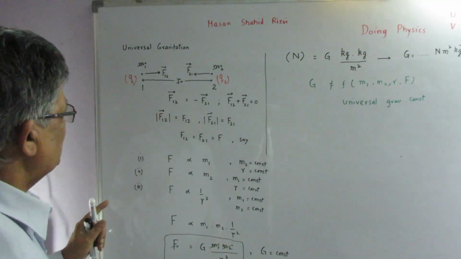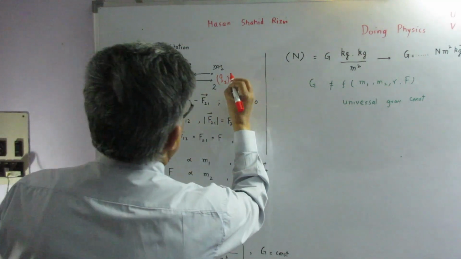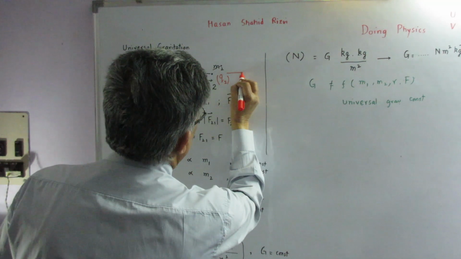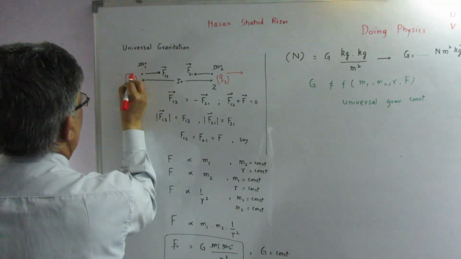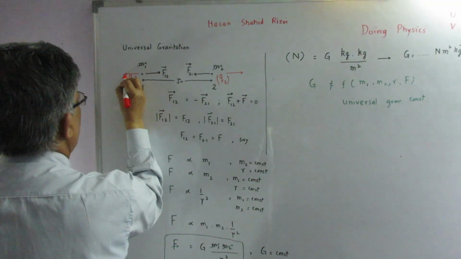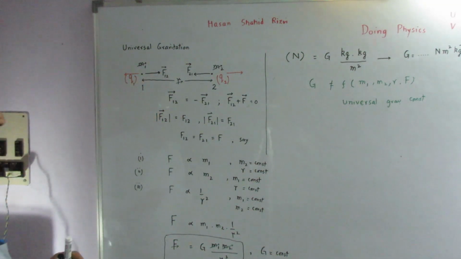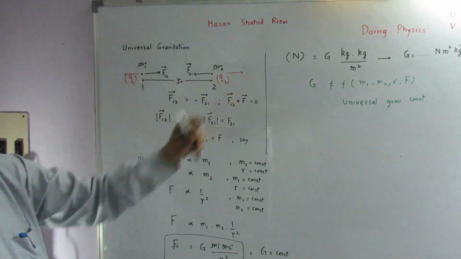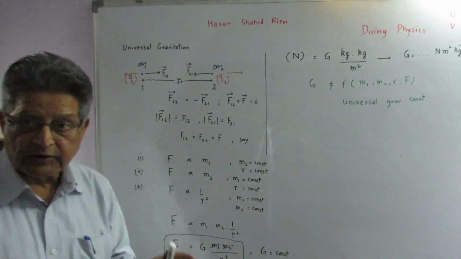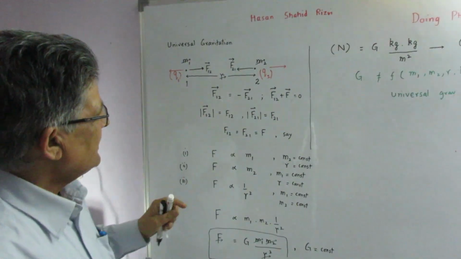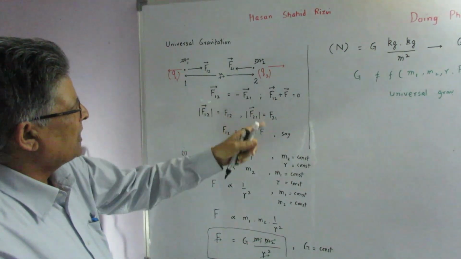The only thing is that there is a possibility that the forces F12 and F21 may be opposite to each other, and they are not attractive, they are rather repulsive forces, and then we write the same kind of equation.